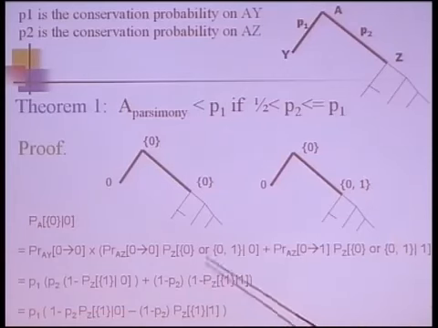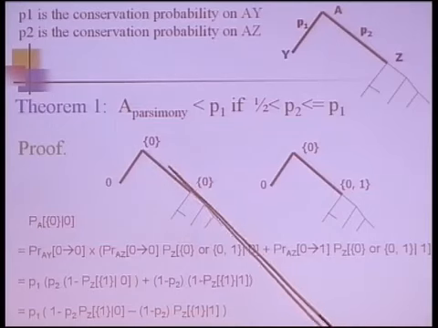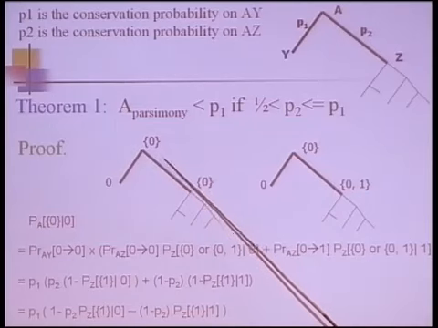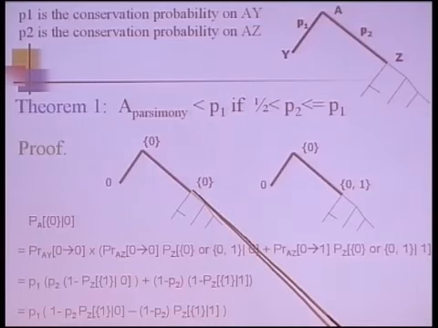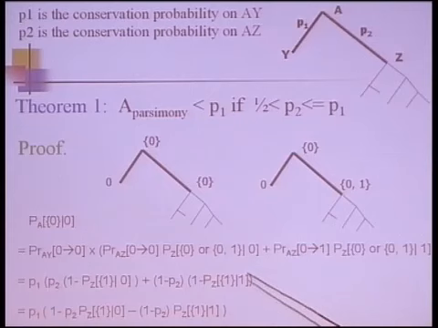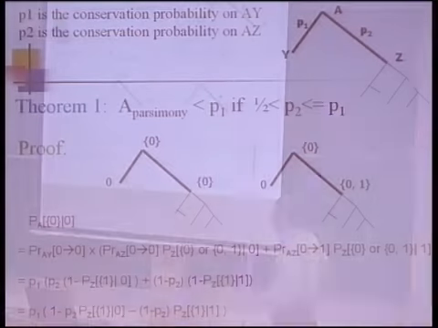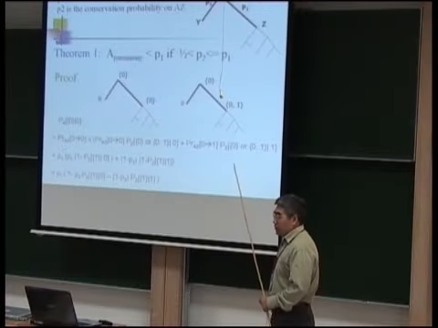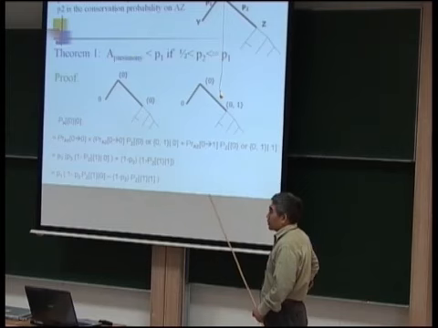Since the state can change or stay the same, we consider the two conditions here. In this way we simplify this into this. So this is the probability the Fitch method gives the true state at the root.